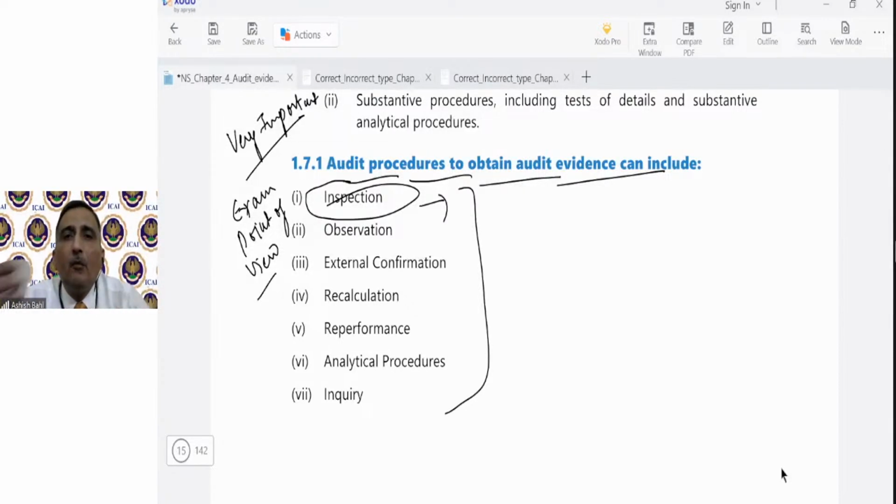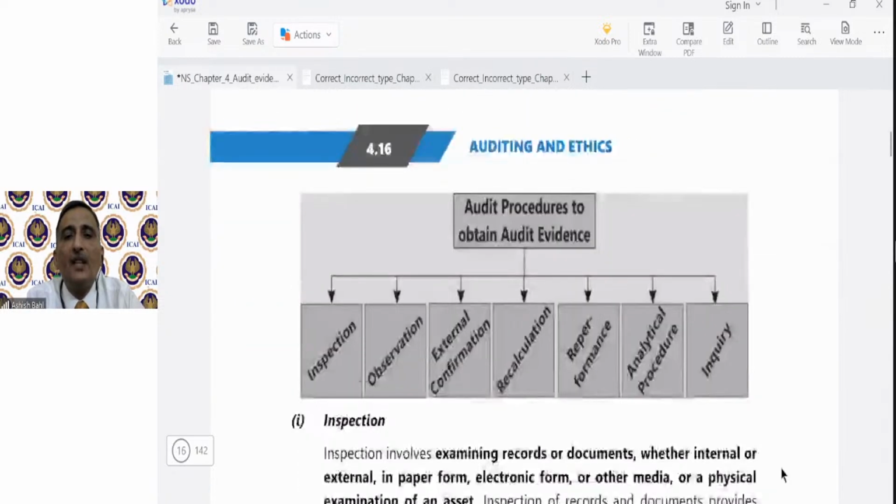You are reading minute books of a company, it is an example of inspection. You are going through the internal control documents, internal control manuals of the company, it is an example of inspection. So clear, students, what we mean by inspection?